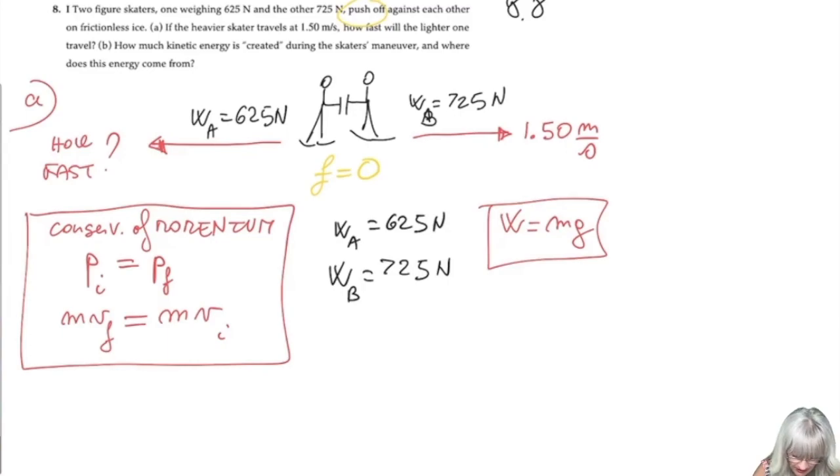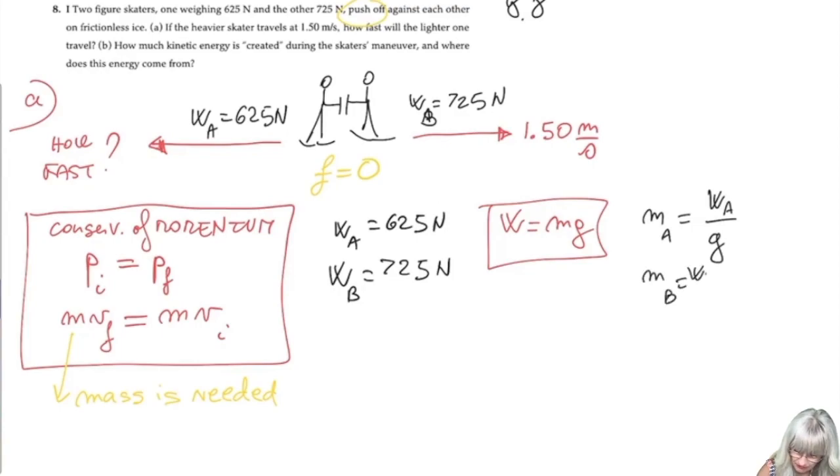You see, I need the mass, so I can get the mass out of the weight. Let's do that. So mass of A will be the weight of A divided by g, and mass of B will be, as above, weight of B divided by g.